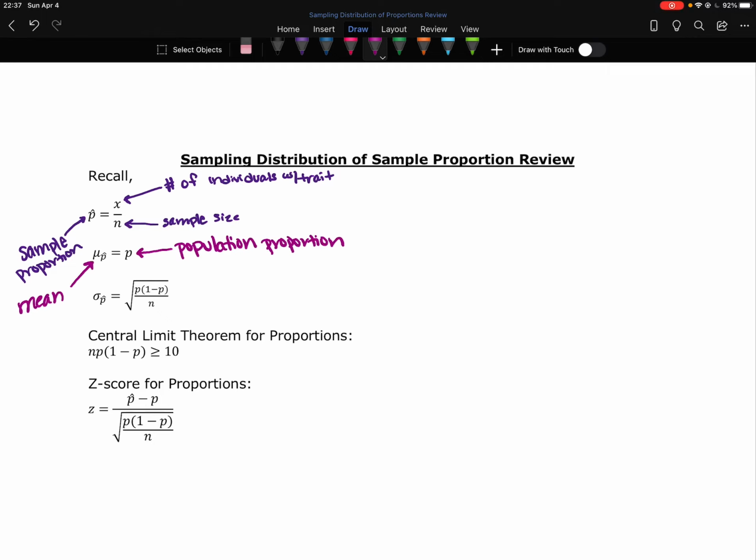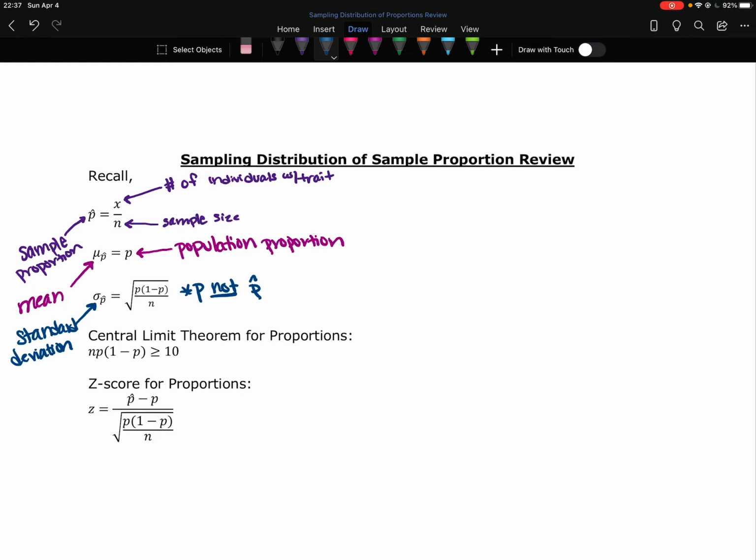And then the standard deviation is the square root of p times 1 minus p divided by n. And again, notice these are p's, not p hat, in that formula.